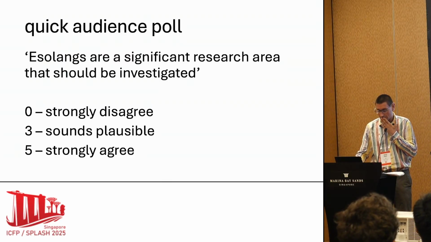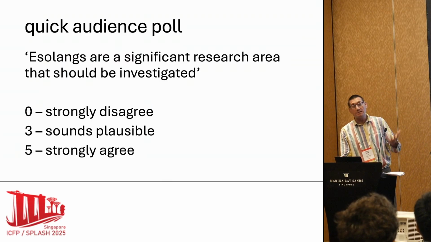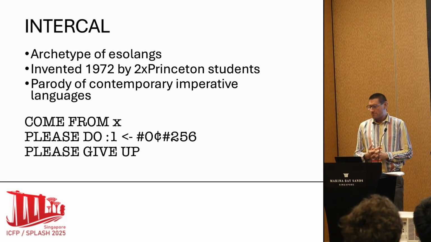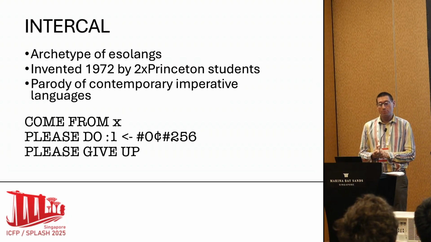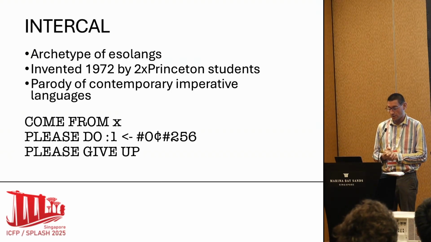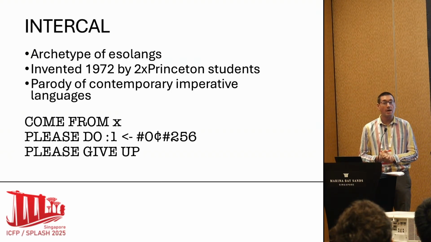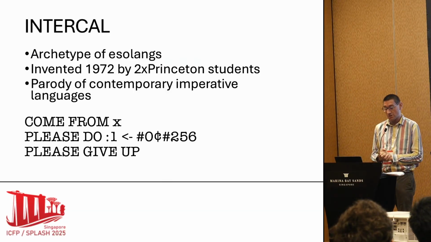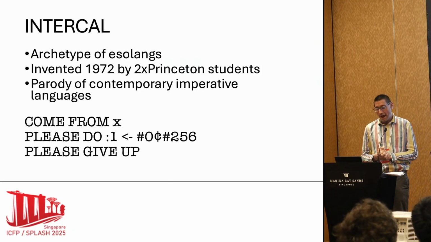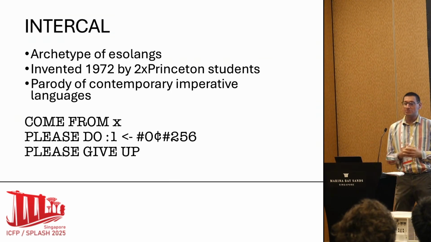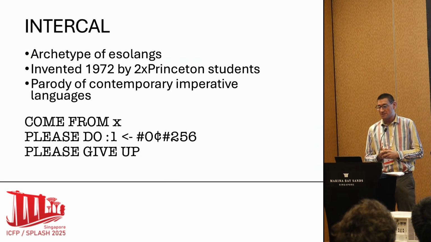That's good. So I'm going to move into the body of the presentation and visit the archetypal esoteric programming language, which is called INTERCAL. This was invented in the early 1970s by a couple of computer science students at Princeton University, and really it was a parody of the verbose and unwieldy imperative languages of the day.